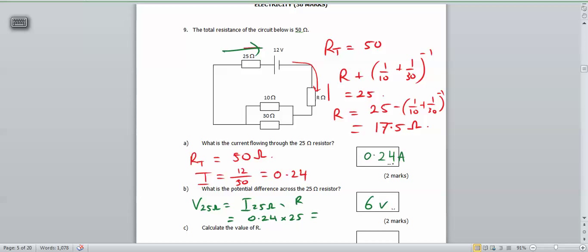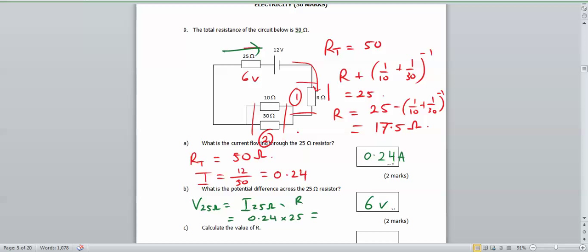So we know that there's going to be some voltage drop across here, and they're going to add up to a total of 12. These two, 1 and 2, the voltage drop, those two added together are going to be the remaining 6 volts.